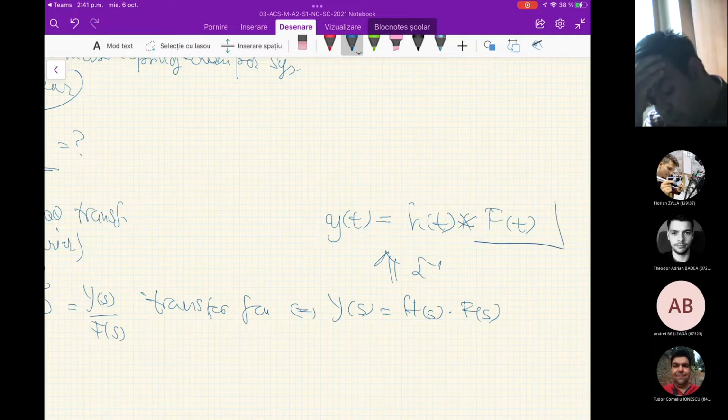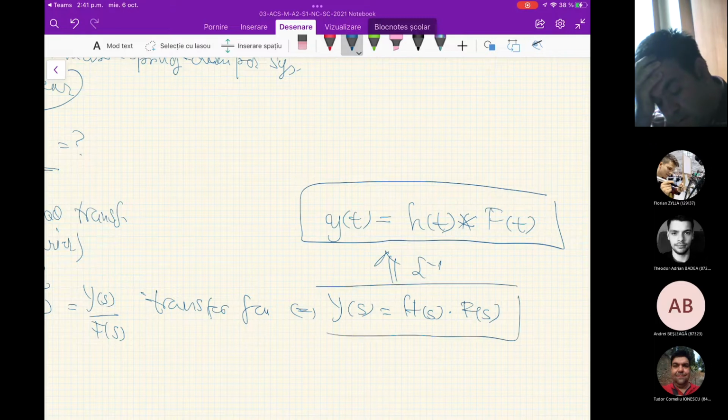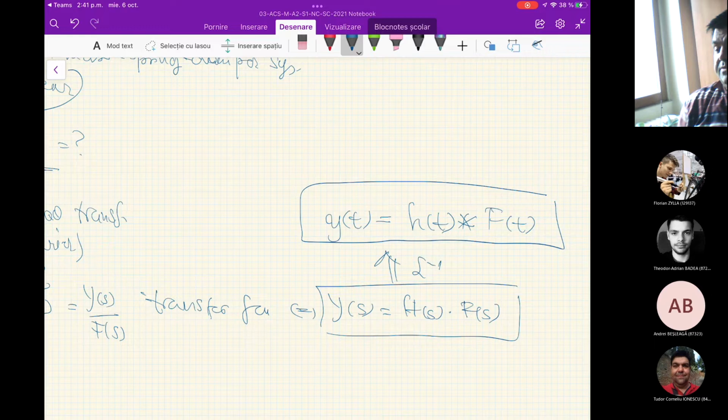You can easily compute y using the inverse Laplace transform, because you have tables. This is the main relation.